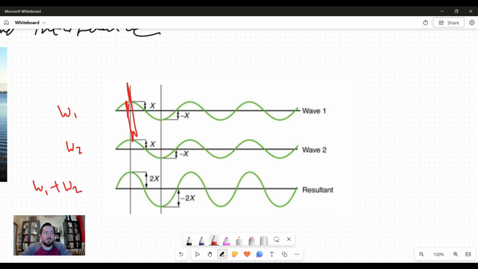If they're both at a maximum, they're going to constructively interfere with each other and they're going to be twice as big. But if they're also at a minimum at the same place and time, then the sum of the two is going to be twice as big in that negative direction. And so these things are constructively interfering, or we call this constructive interference.